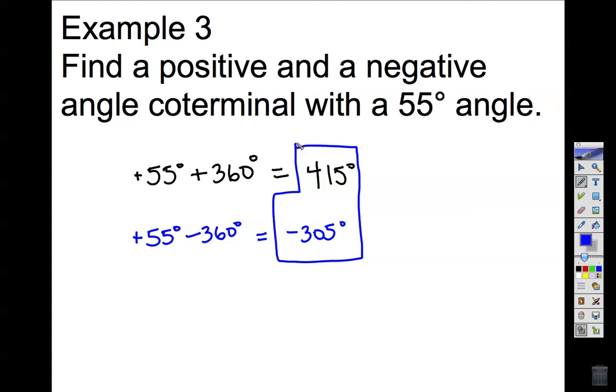So these are our two angles that are coterminal with 55 degrees. One is positive, which is 415, and the other angle is negative, which is negative 305 degrees.